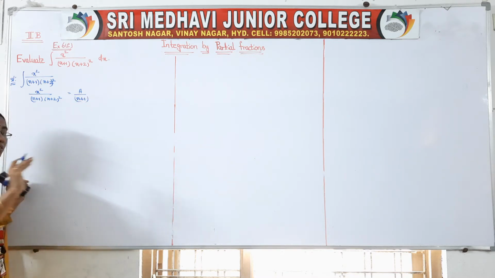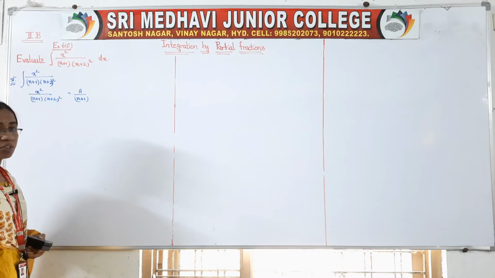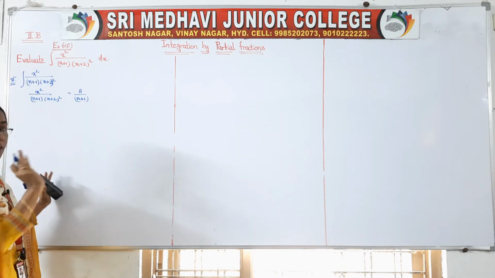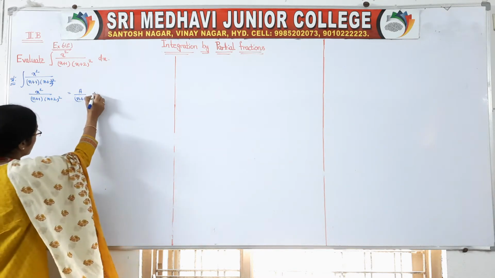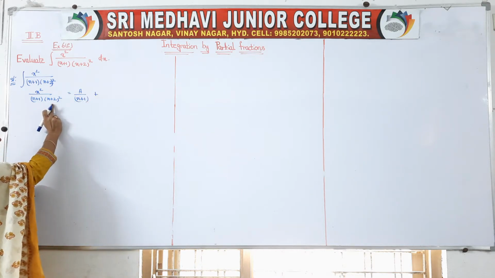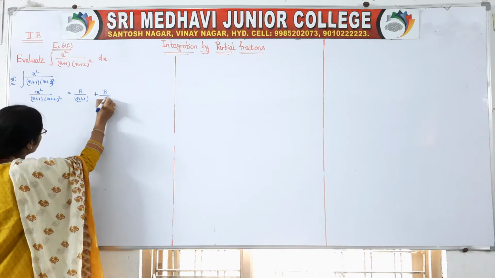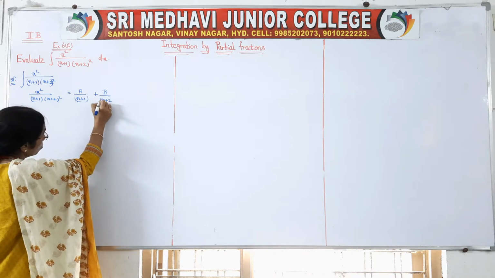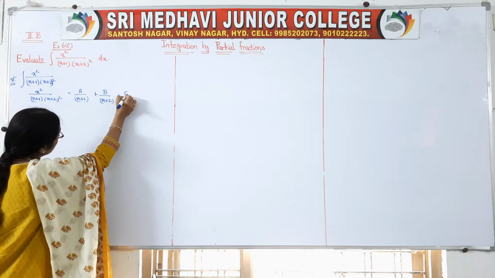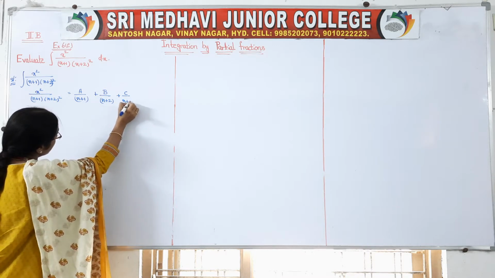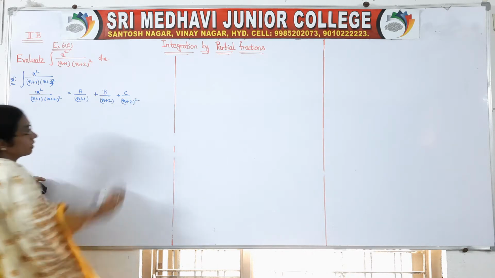Upwards we take some constant over that linear factor. Next, plus, here it is repeated 2 times, no? So the first time we take B by x plus 2, and the next time we take C by (x plus 2) whole square.